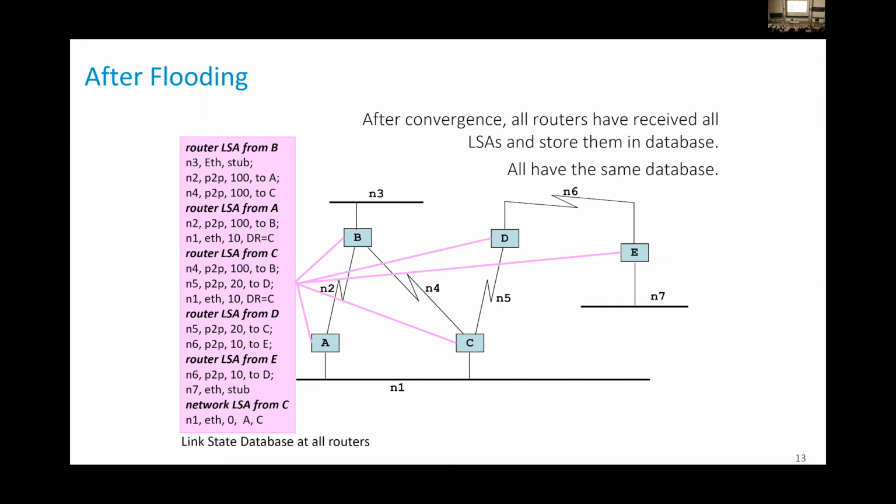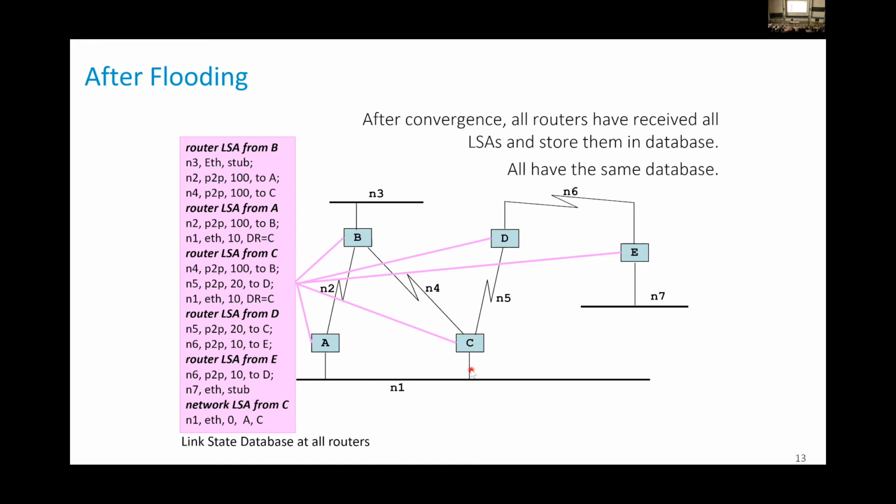So when A sees an interface, it sees, is it a point-to-point interface or is it a multi-point interface? If it's multi-point, which is typically the case for Ethernet, A with the hello protocol will not just discover C, but as a result of the hello protocol, one of the 2 will be elected the speaker for the network N1. The designated router in this case is C. And C will say, I am connected to N1.